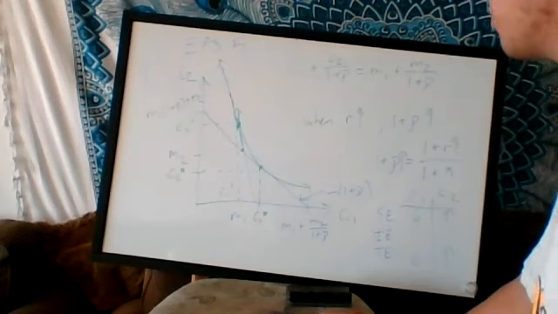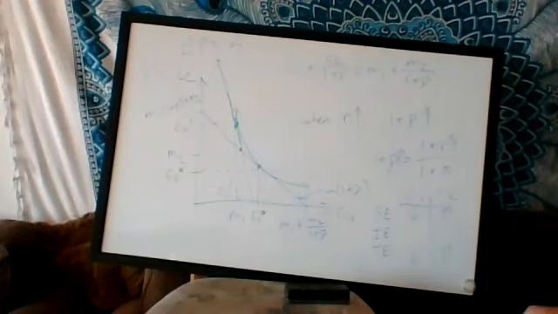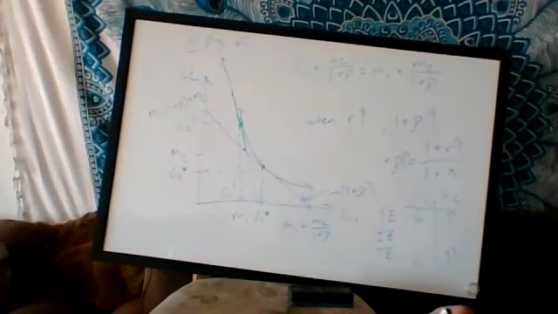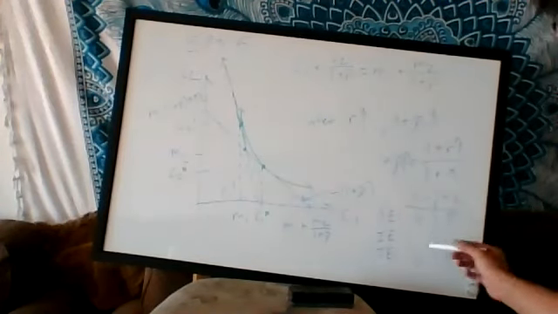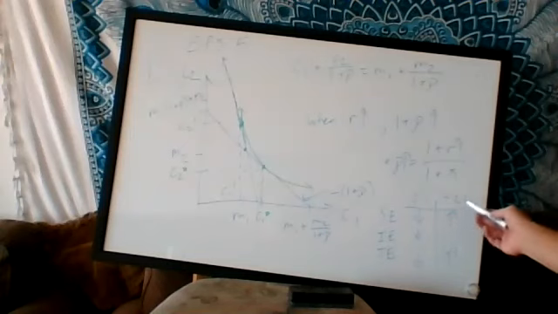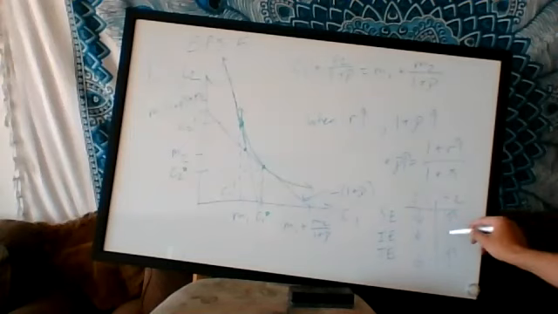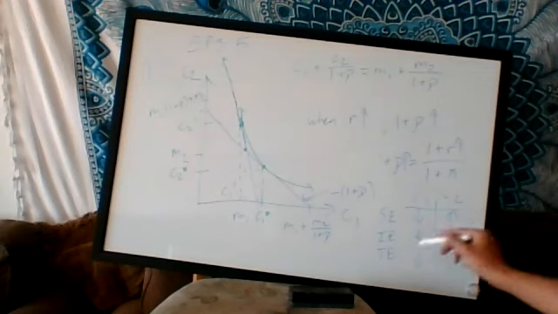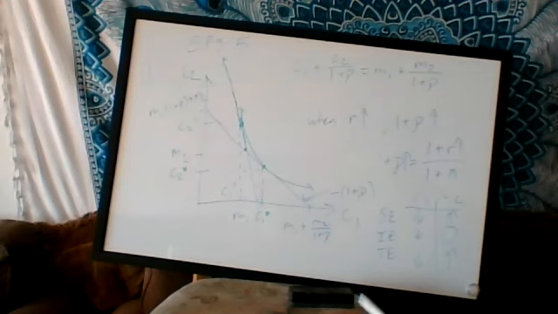So if this person's initially borrowing, then an interest rate increase makes it more expensive to consume now. So I'd say that this probably goes down, and this one's a little bit confusing, and I don't know that off the top of my head. But to answer your question, there is going to be some sort of income effect in this question. You just kind of have to work that out.